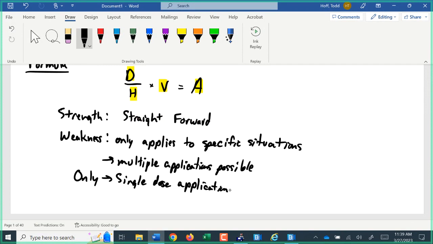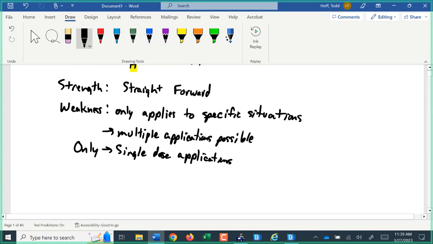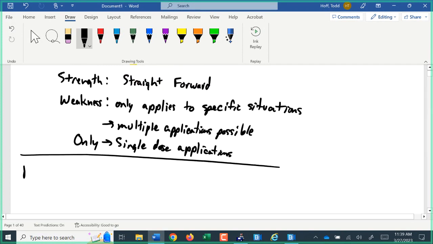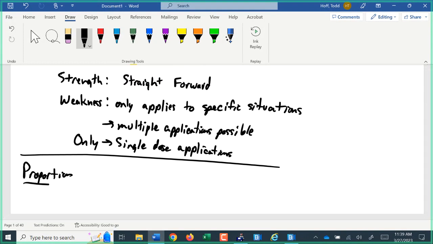The second method we talked about was the proportion method. Its strength was that we didn't have to memorize a formula. All we had to do was match up units.